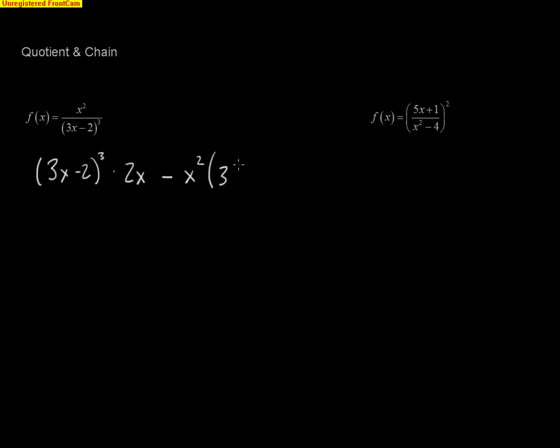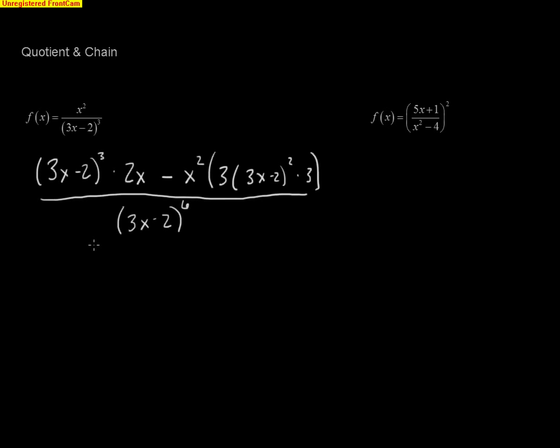So 3x minus 2 squared times the derivative of the inside, which is 3, all over 3x minus 2 bottom squared winds up being power to a power. So if we square that 3, we're going to have the 6th power here.